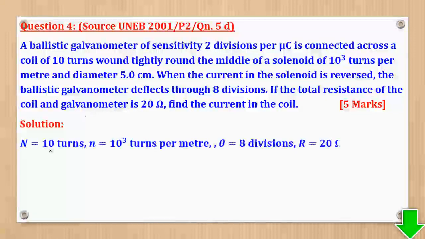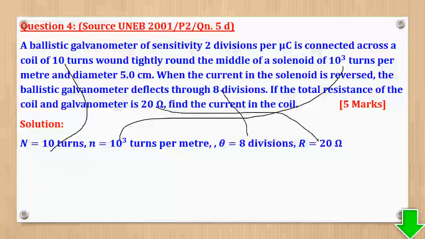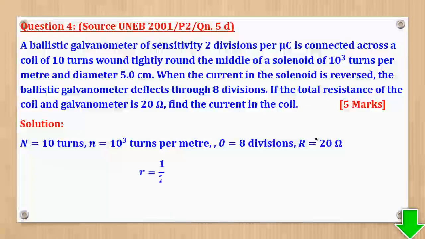So when we know the number of turns of the coil is 10, then turns per meter of the solenoid is 10 to the power 3. Deflection is 8 divisions. Total resistance is 20 ohms. So that means that radius is this, because they told you diameter here is 5, so radius is that.